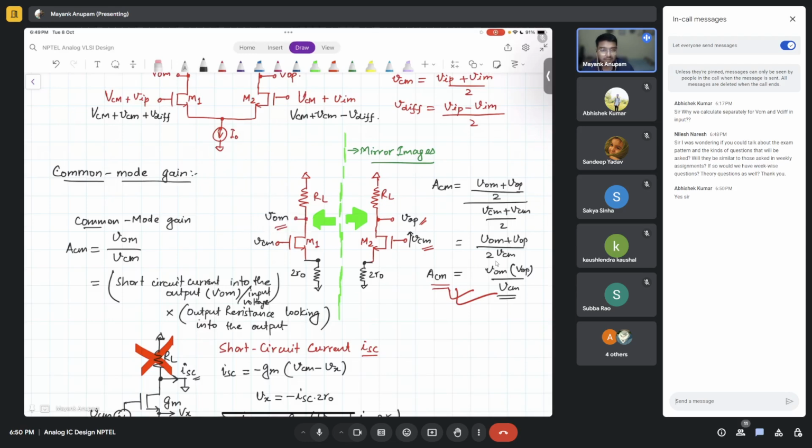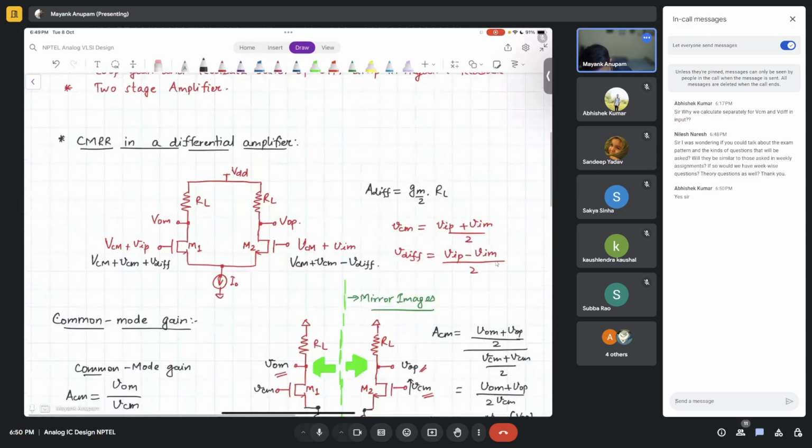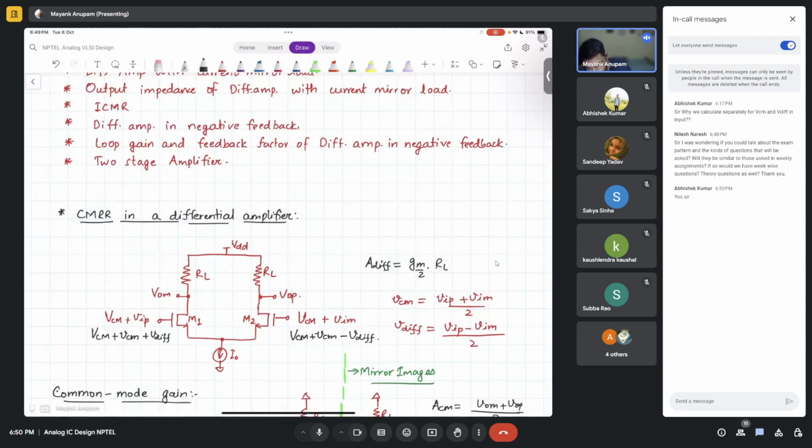So basically, the reason that we calculate separately for common mode and differential mode is because we want to exactly find out how our circuit behaves for common mode and differential signals, because this is a differential amplifier after all, right? A differential amplifier is supposed to only amplify the difference of two signals and not the common mode of two signals.